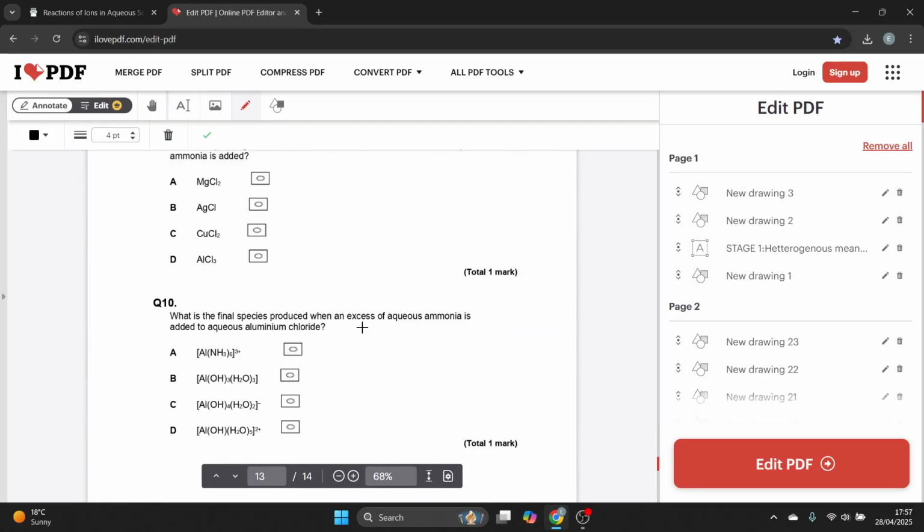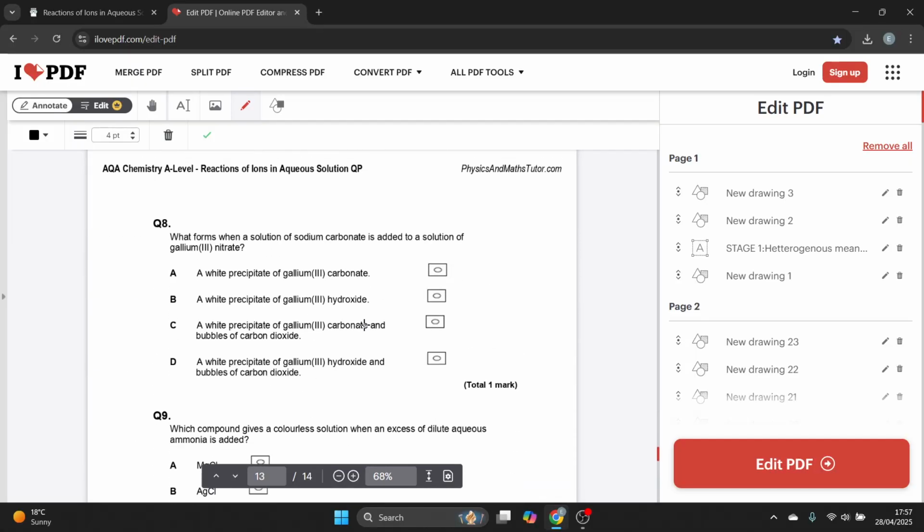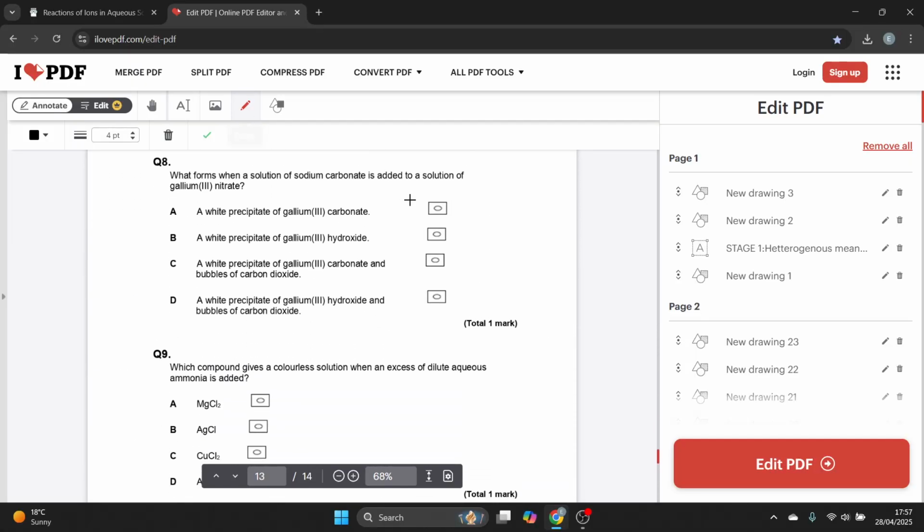What form of solution was solid sodium carbonate added to gallium nitrate solution? Carbonate ions added to gallium 3 nitrate.